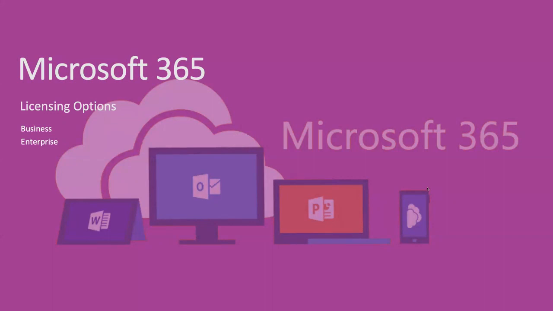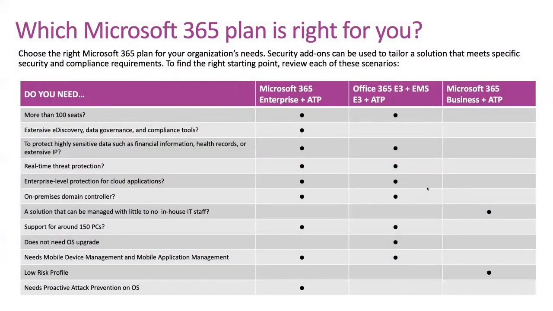We'll now cover off the licensing options that are available for both business and enterprise. We've put together a very brief menu of what questions you should ask yourselves to determine the right licensing. A lot of the features that we're talking about today, whilst they're bundled into the Microsoft 365 license type, you can license these individually for your Office 365 subscriptions that you may already have.